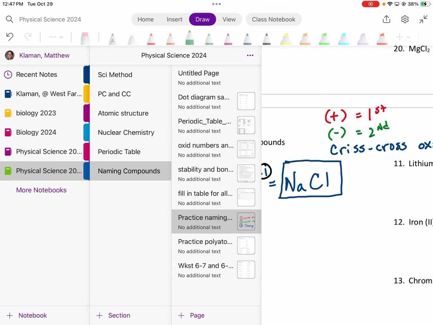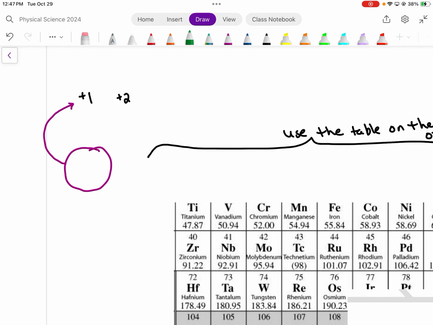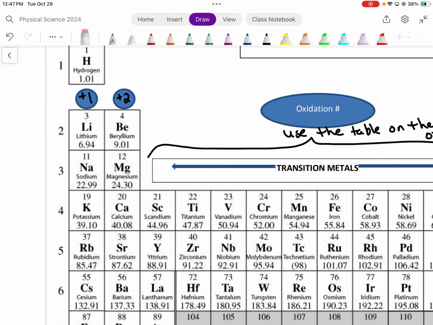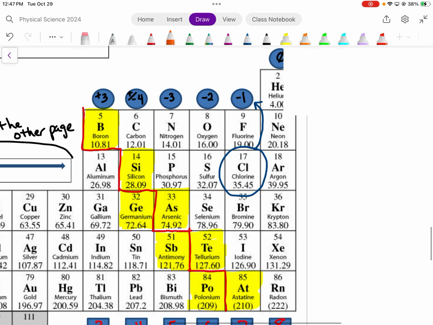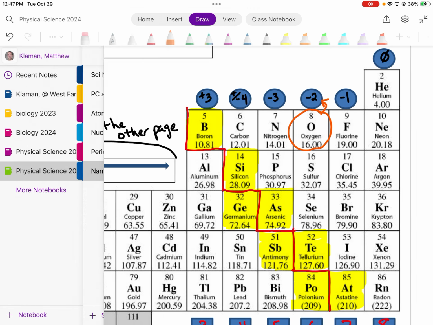So lithium and oxygen. Here's lithium, capital L, lowercase i, with the +1, and oxygen, capital O and a -2 for the oxidation number.